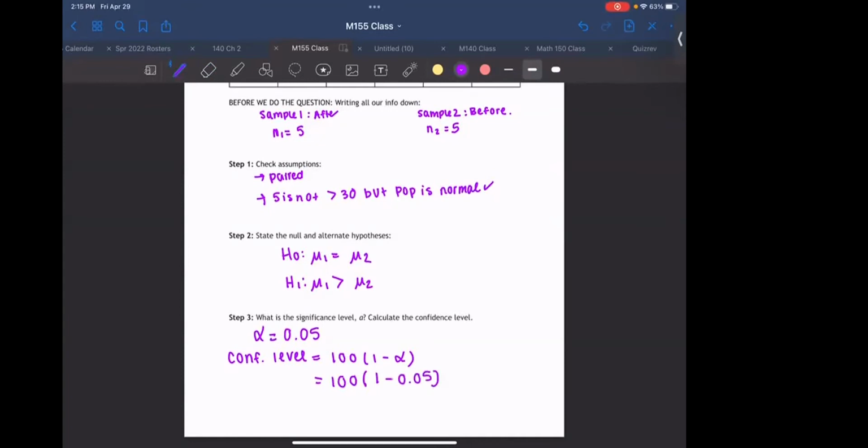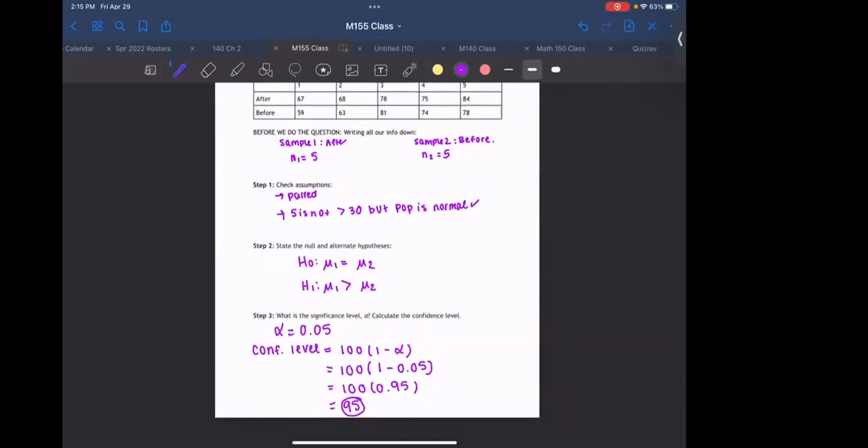Once we do that, we can subtract. So it becomes 100 times 0.95. And when we multiply that by 100, we get 95. Okay. So remember for your quiz, memorize that formula, 100 times 1 minus alpha. Might need that later in class.